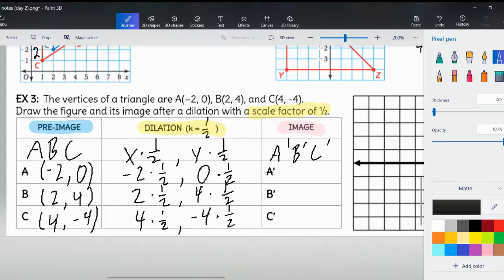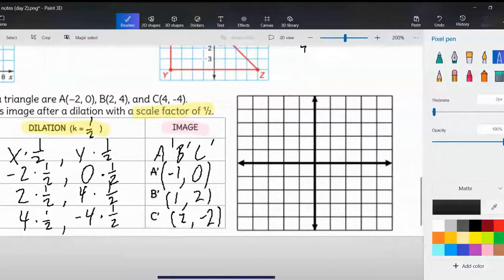So our A value, -2 times 1/2 is -1, comma, 0 times 1/2 is 0. 2 times 1/2 is 1. 4 times 1/2 would be 2. 4 times 1/2, 2. -4 times 1/2, -2. Going a little quick on the math because that's not the focus right now. But if you're having trouble multiplying fractions, positive, negative numbers, definitely review that. It's something that's really important for you guys to know.